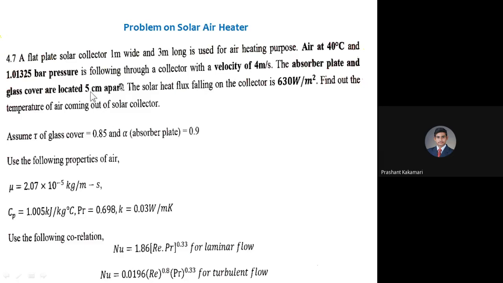Then the distance, the height of the air channel, is required for our Nusselt number. As I told you, the characteristic length is the hydraulic diameter, and that characteristic length, the height, is 5 centimeters. It is the height of the surface where the air or the fluid is moving.